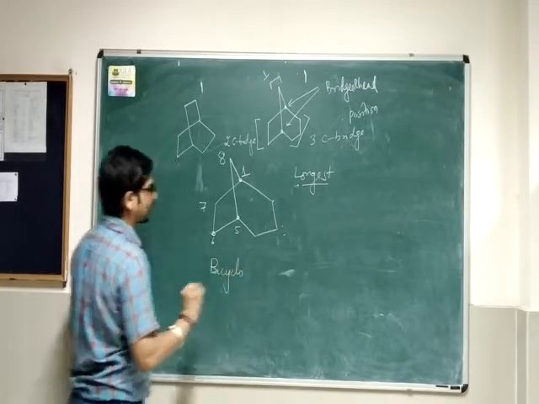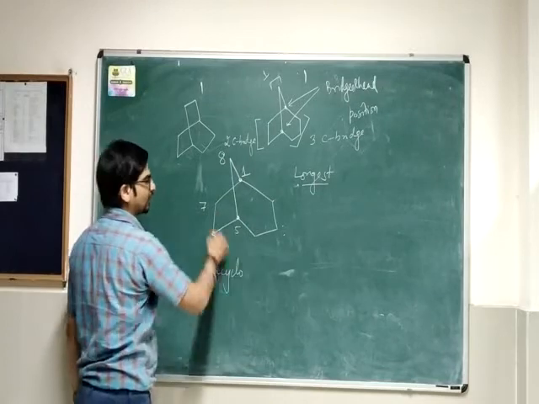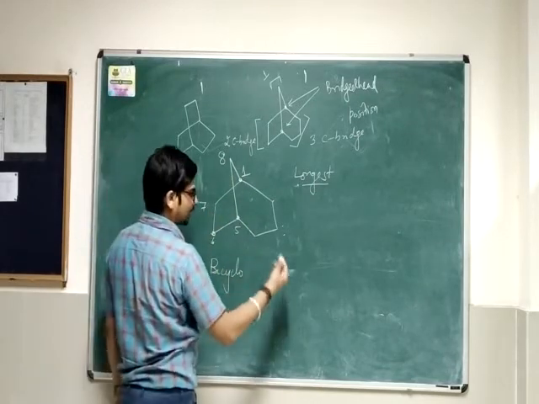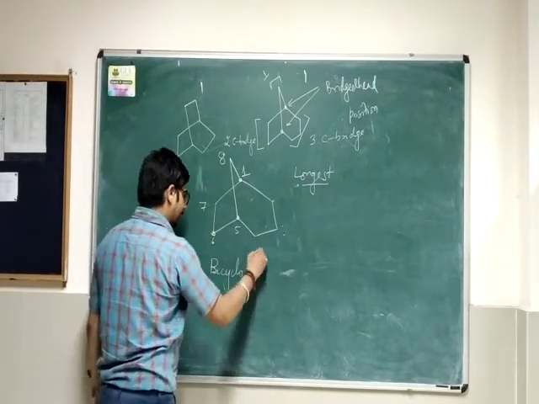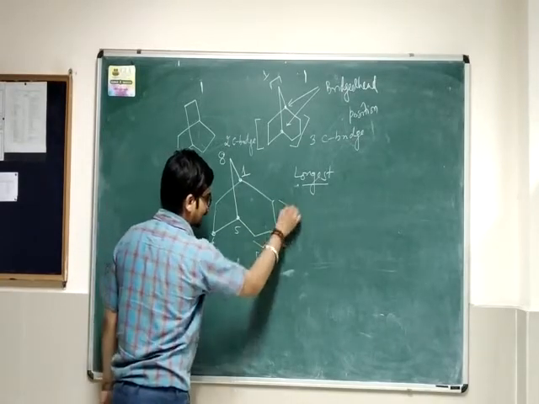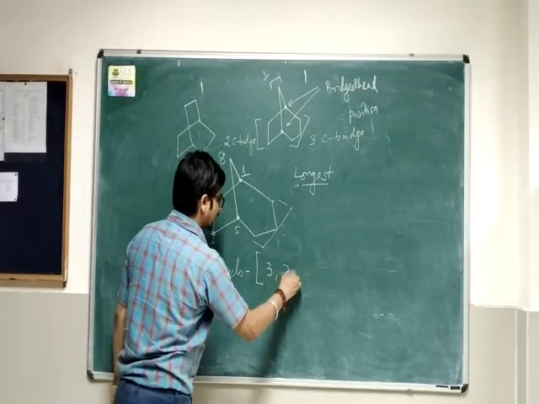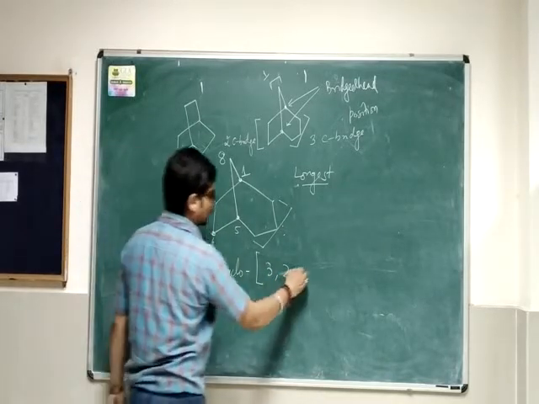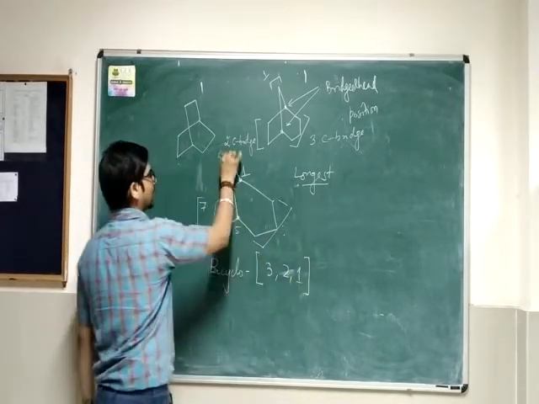We will put bicyclo, and the total number of carbons, if we count every carbon, is 8. On one side we have 3 carbons, on the other side we have 2 carbons, and we have 1 carbon.